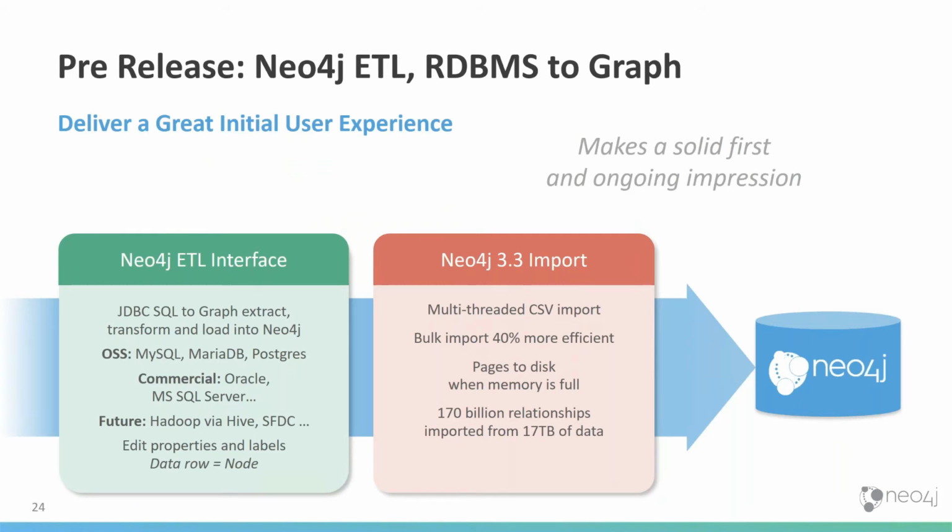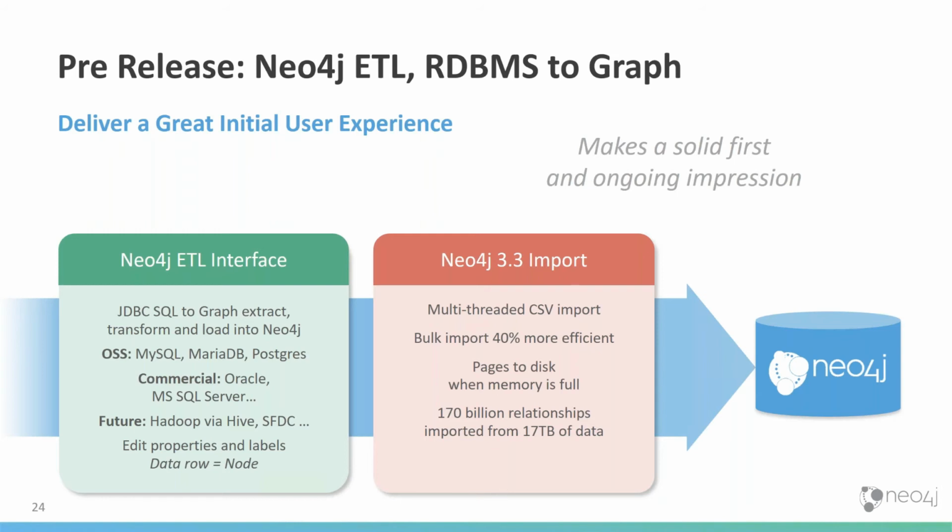So the ETL interface we now have will do a mapping of relational information into graph. I'll show you a picture of that in a second. For the open source, it will support your favorite open source databases, MySQL, MariaDB, Postgres, and then on the commercial side, it will support Oracle, SQL Server, and others.